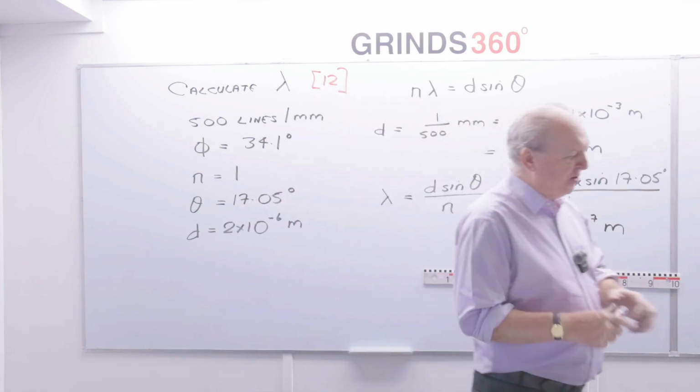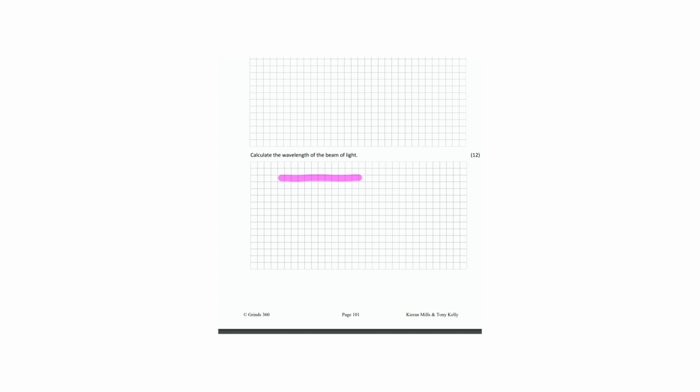So let's return to the question and look at the next part. The next part of the question is saying to me, describe the effect on the size of the angle phi, the angle between the two first order images, if the diffraction grating was replaced with a diffraction grating of 80 lines per millimeter.